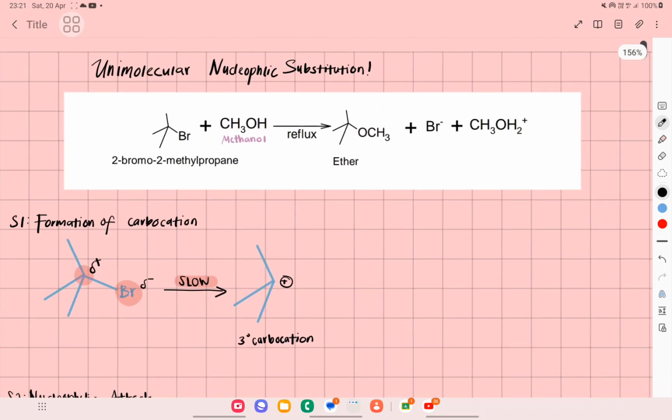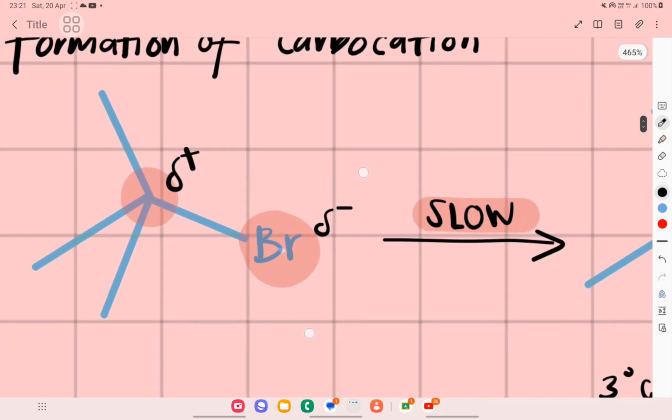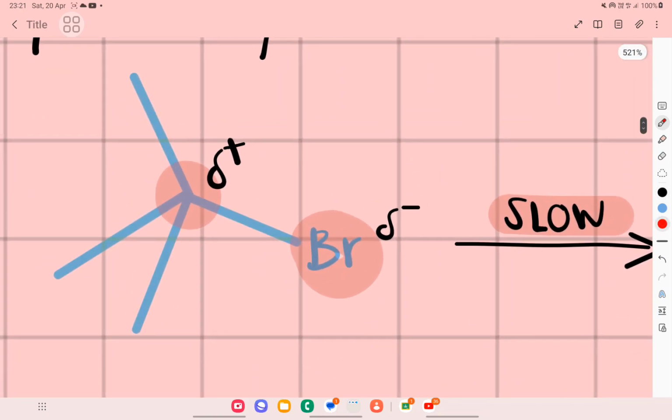Let me draw an arrow, so it's going to go here towards the Br atom.